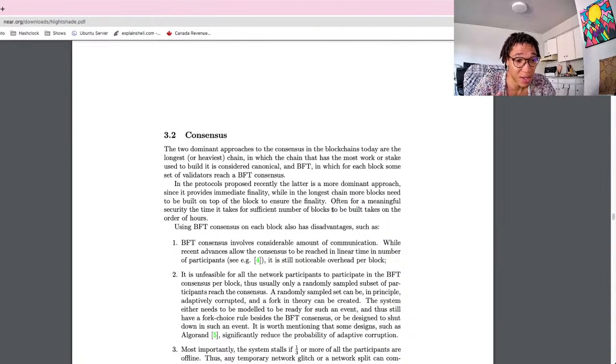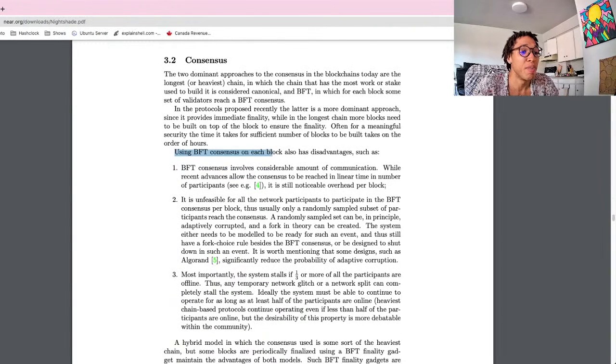Using BFT consensus on each block also has advantages, such as BFT consensus involves considerable amount of communication, while recent advances allow the consensus to be reached in linear time in number of participants, it is still a noticeable overhead per block. Oh, so it's saying that has disadvantages.